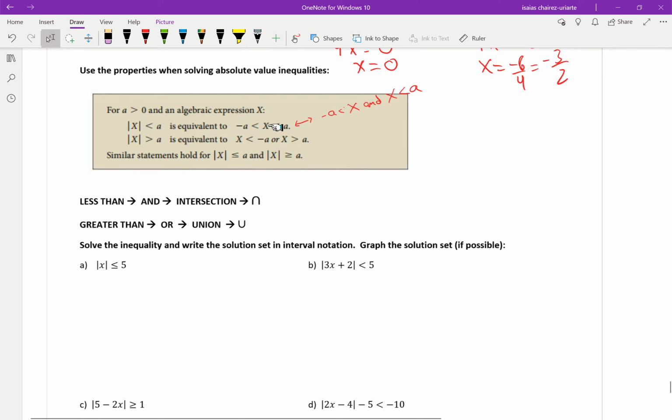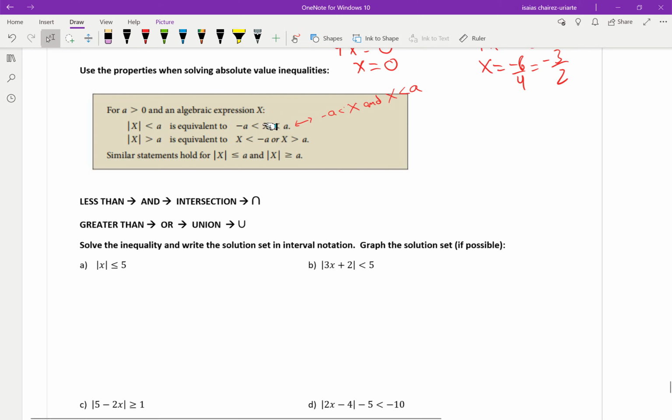And this can be written as a compound inequality like this: x is less than a, that's the right part, and then x is bigger than negative a. Remember that with inequalities it can get confusing because we're so used to reading things left to right.